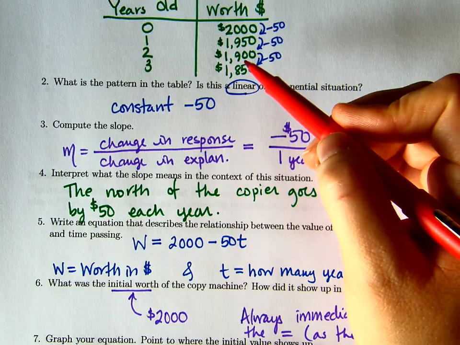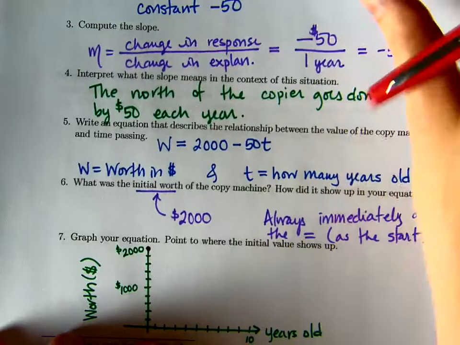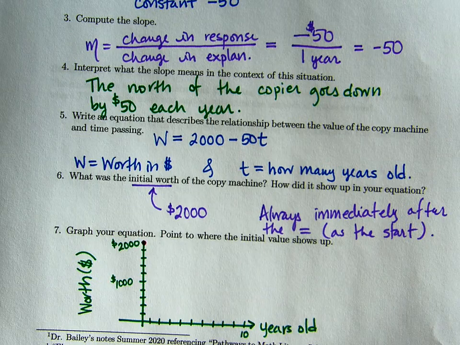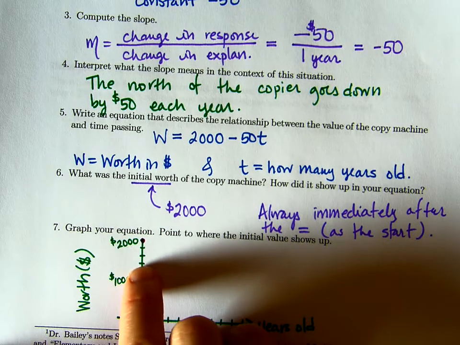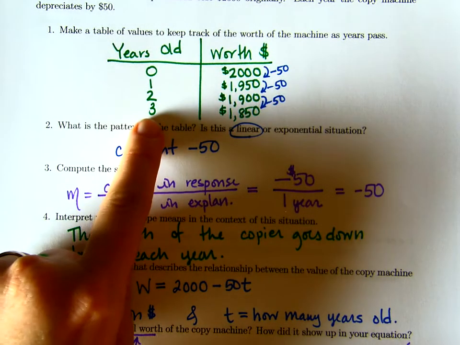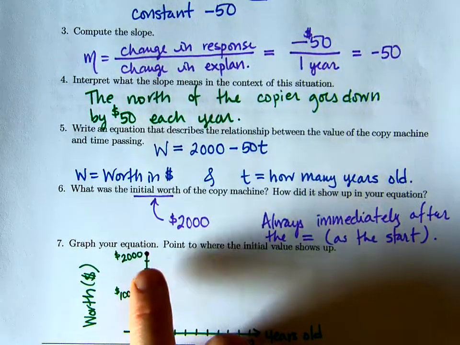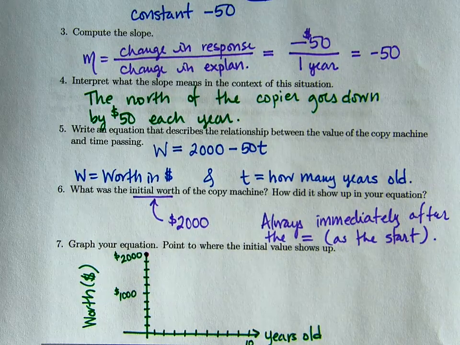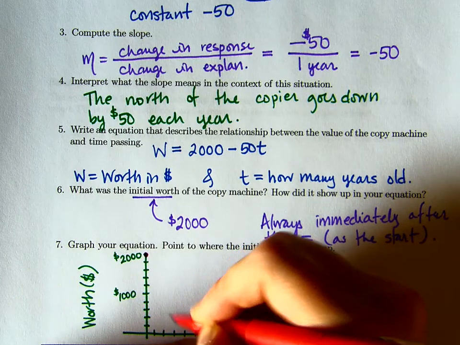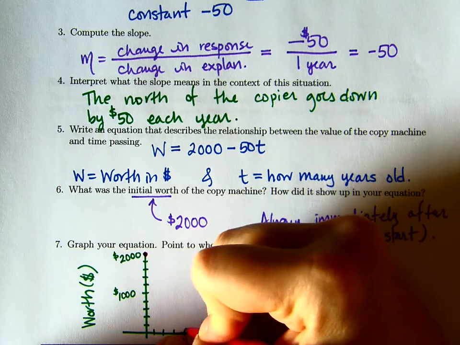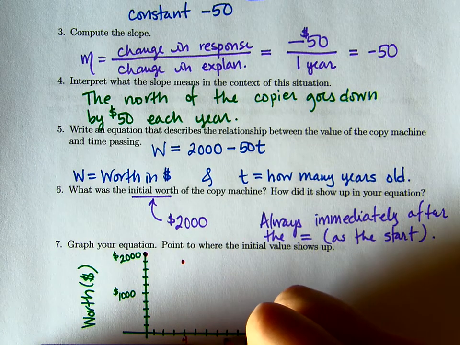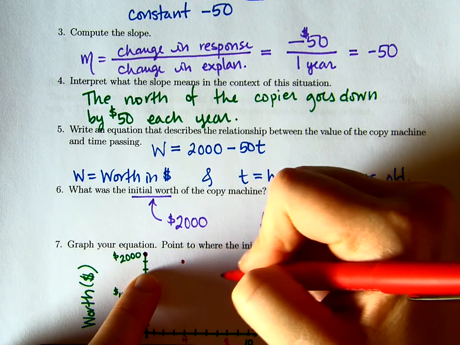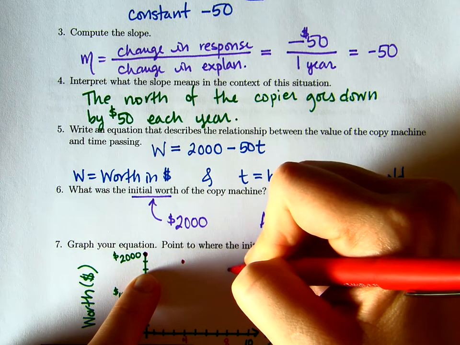Okay, I think the best thing for me to do is this. This would be what, 1,200, 1,600, 1,800? It'll be worth 1,800 after 4 years. So, okay, after 4 years, it is worth $1,800. That means after 8 years, it goes down by 200 again.